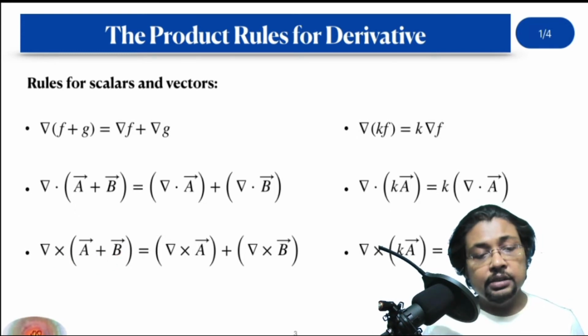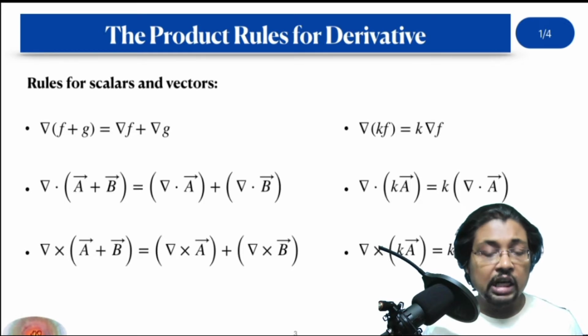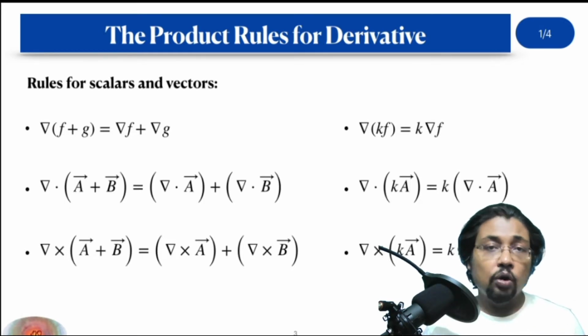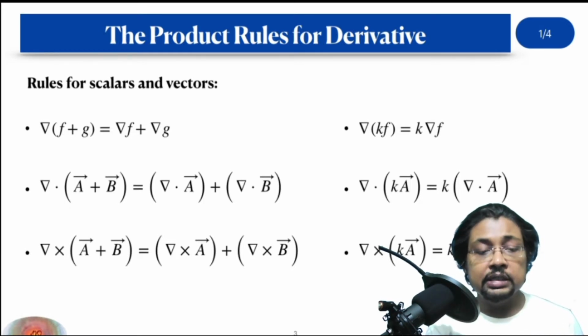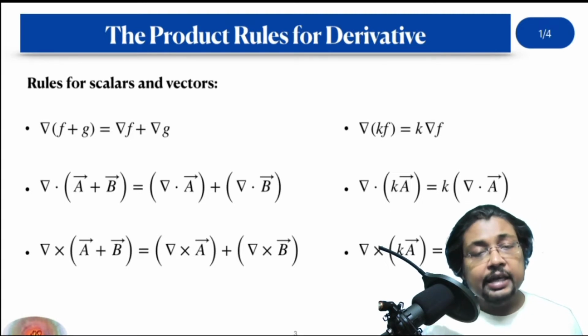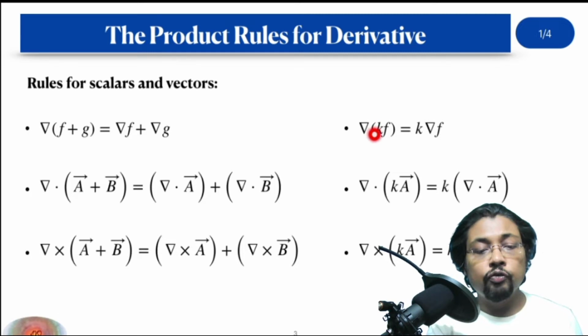On the other hand, if you apply the gradient operator over a scalar function which gets multiplied with another scalar quantity k, if k is independent of the space coordinate, then you can take this k out from this space derivative and you can write the space derivative as shown in this expression.